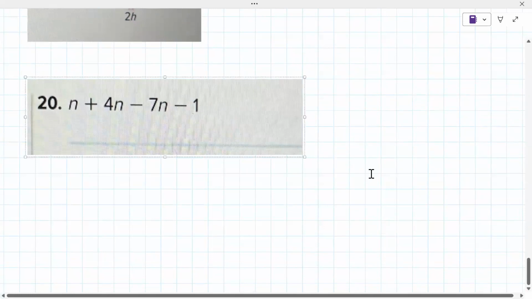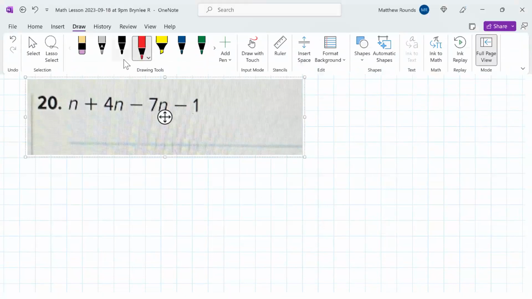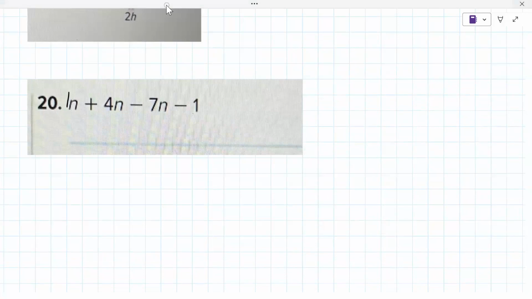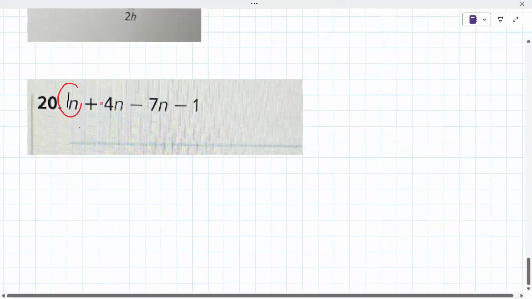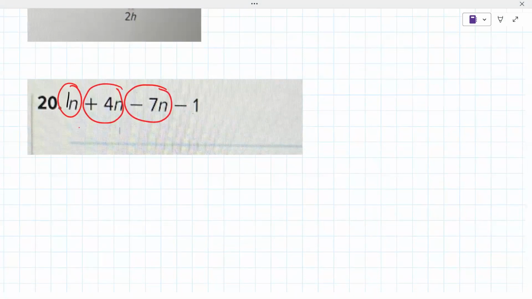Yeah, because this one, like we've been talking about, this is 1n. Sometimes good to put that in front. So it's 1n plus 4n minus 7n. Those are your like terms. So 1 plus 4 minus 7, basically.